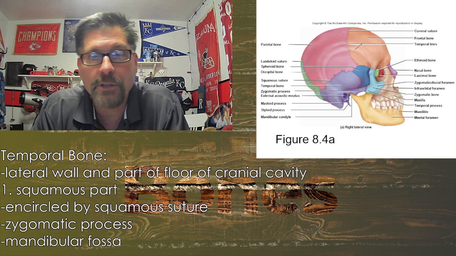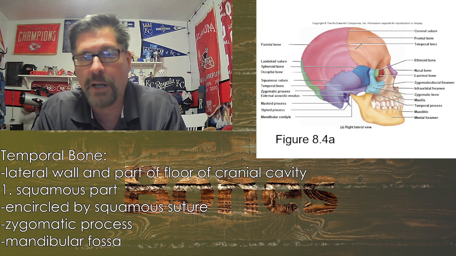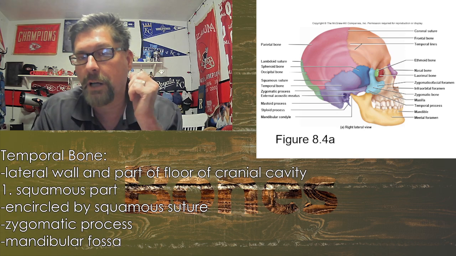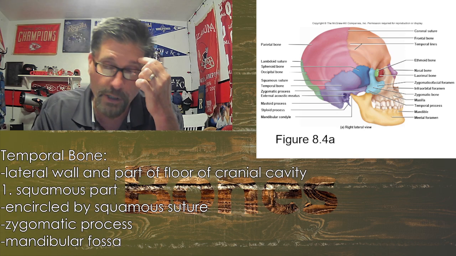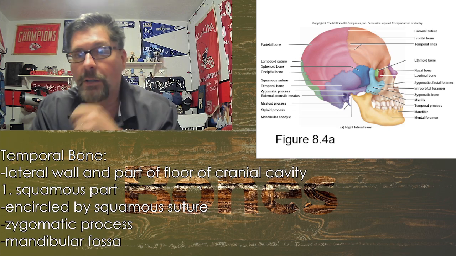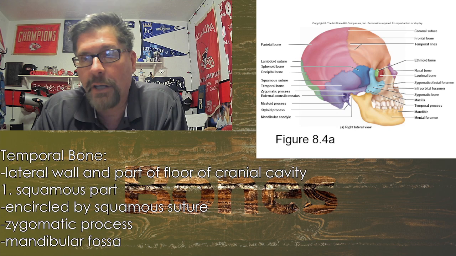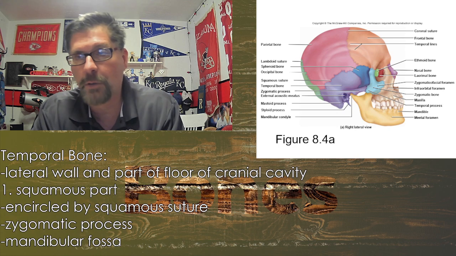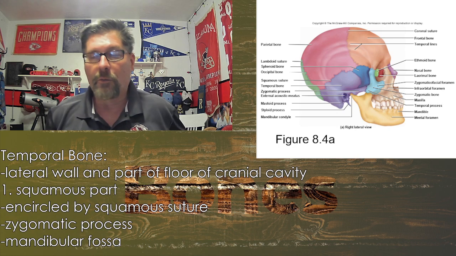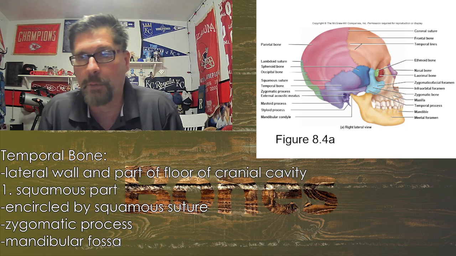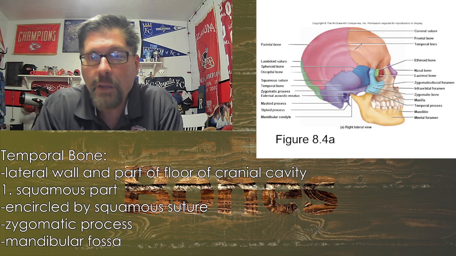For further clarification, you can see the words zygomatic process there and mandibular fossa. They're kind of the same area, and they actually are touching. But the zygomatic process is that purple part that extends below the blue section, and it reaches up and touches the light blue section over there, which is the zygomatic bone. That's the process.